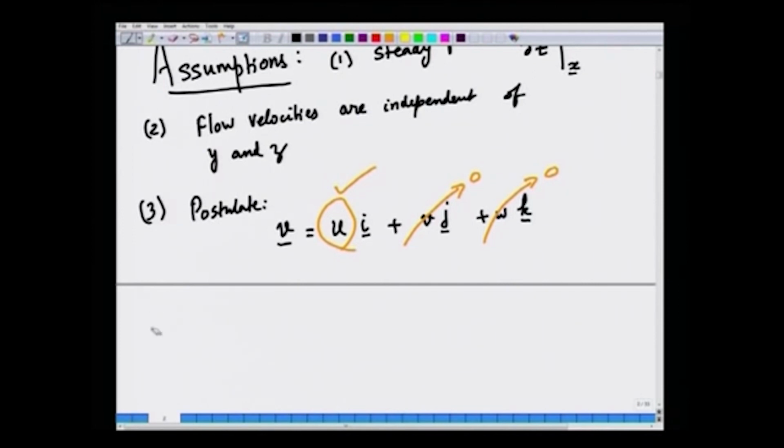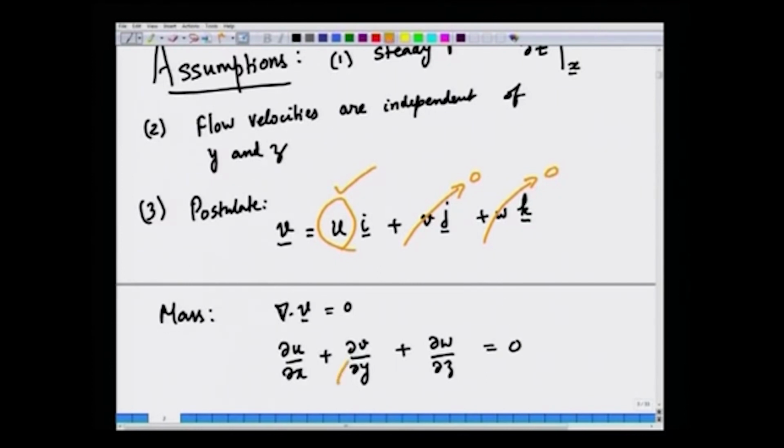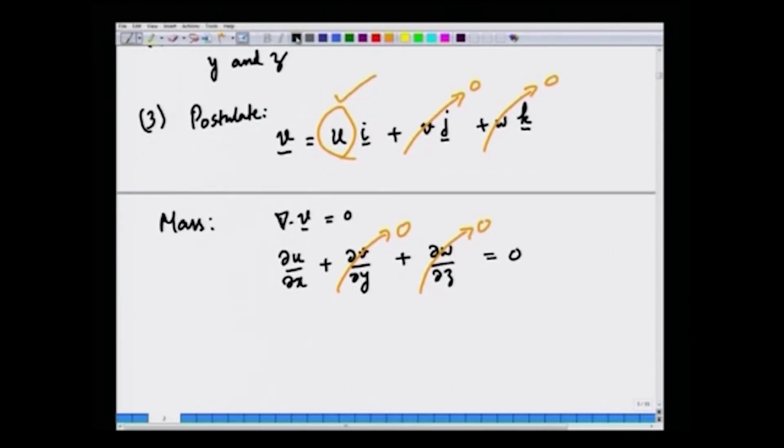We will first take the mass conservation equation, which is del dot v is 0. In Cartesian coordinates, you will get partial u by partial x, plus partial v by partial y, plus partial w by partial z is 0. Since we have assumed that v is 0 and w is 0, the mass conservation equation is going to tell us that partial u by partial x is 0.